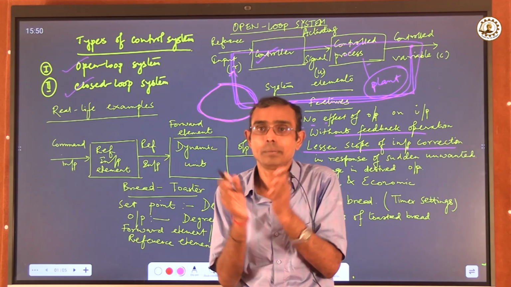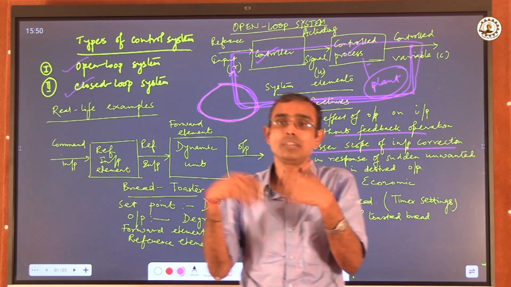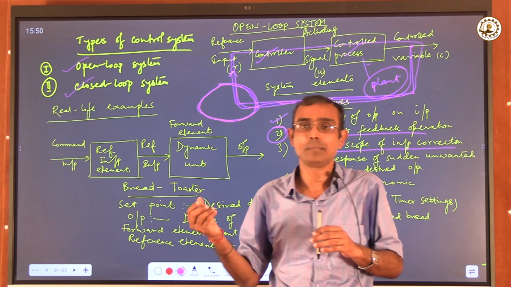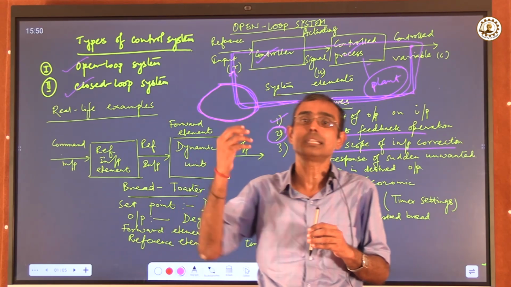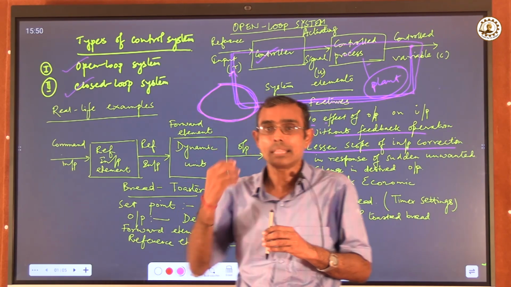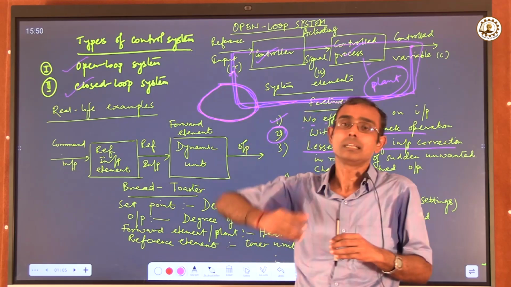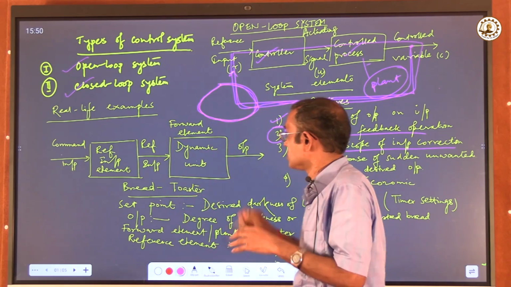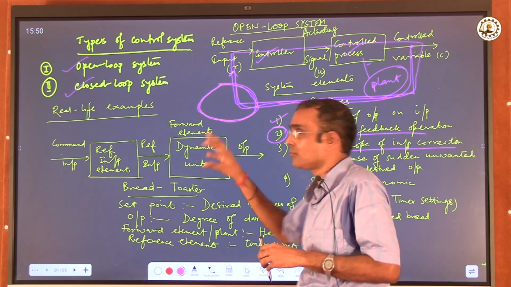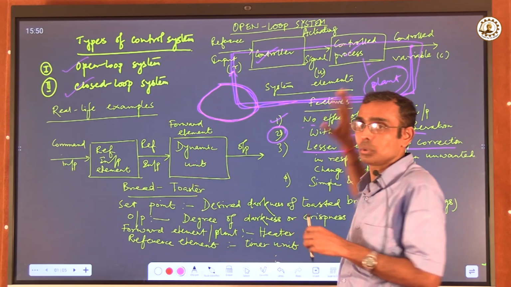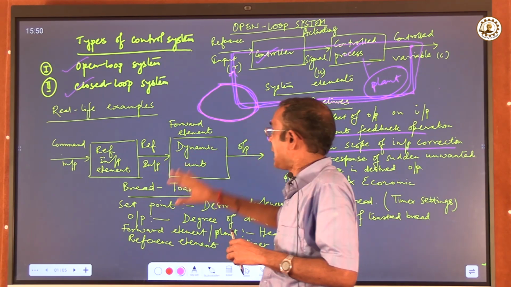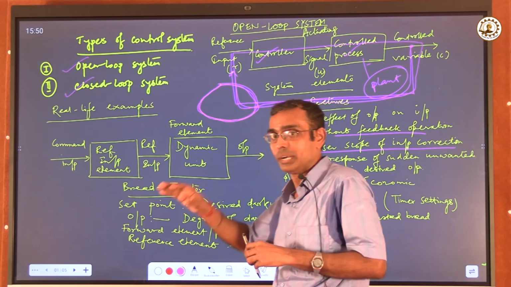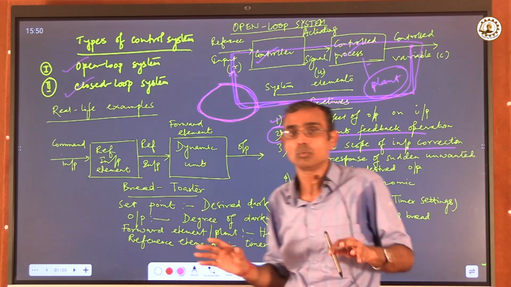That means the bread is being heated to give us a certain amount of crispness, color, texture, and darkness, and that happens by the heating of the bread inside the dynamic unit of the toaster. So that dynamic unit is the forward element in terms of control theory, and it will give us the final output.